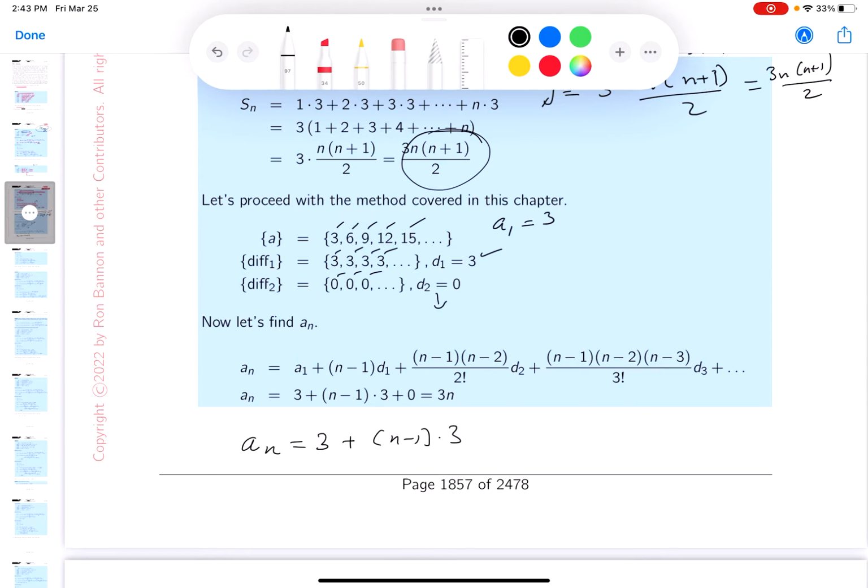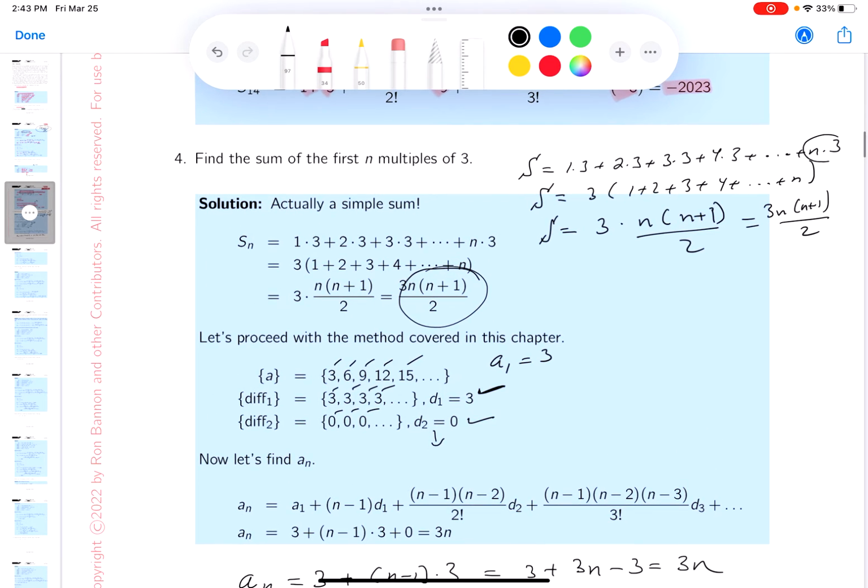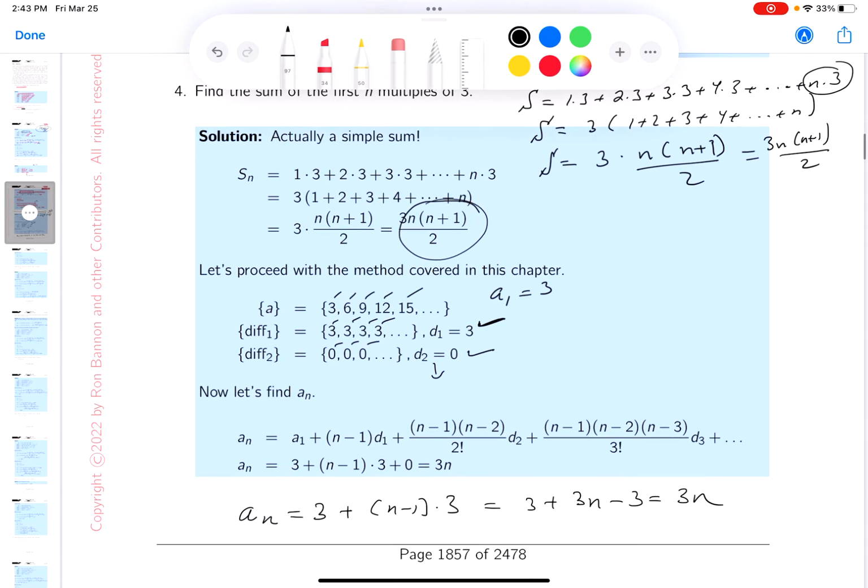What's nice is everything that follows after D1 will be 0, so I don't bother writing anything else down. So what do you get? 3 plus 3n minus 3 equals 3n. Not stating the obvious, it's right there. That's what An is.